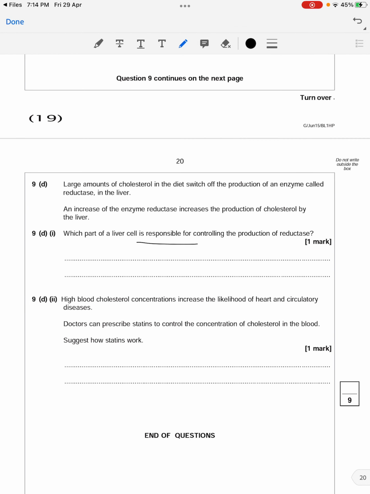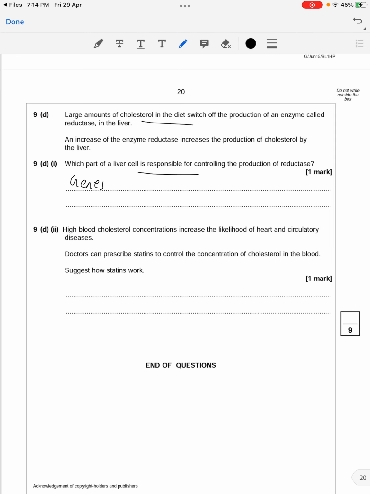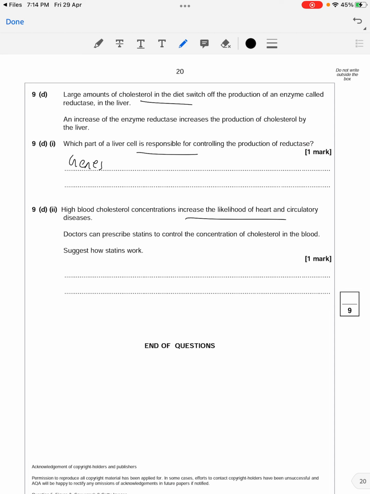Now which part of the liver is responsible for controlling the production of reductase? It's mainly the genes. Now, high blood cholesterol concentrations increase the likelihood of heart and circulatory disease. Doctors can prescribe statins to control the concentration of cholesterol. Explain how statins work.